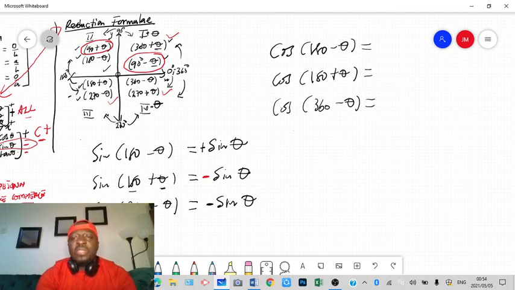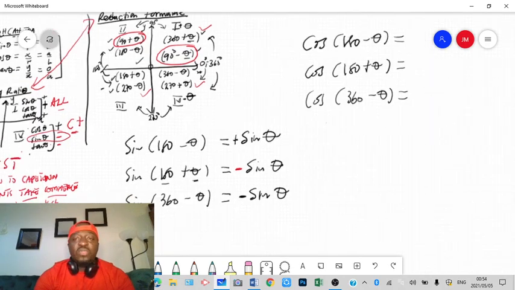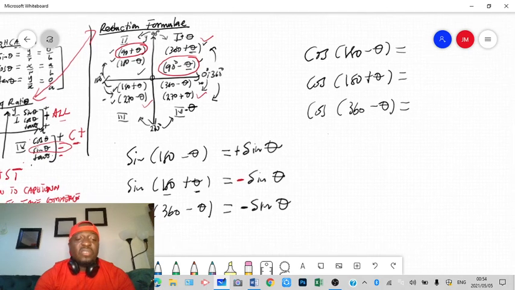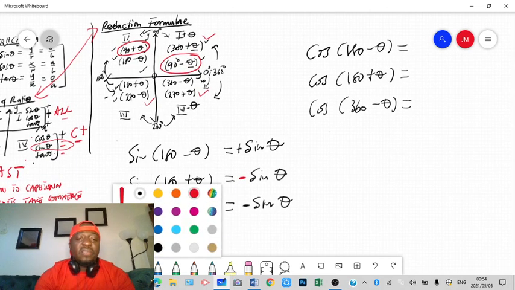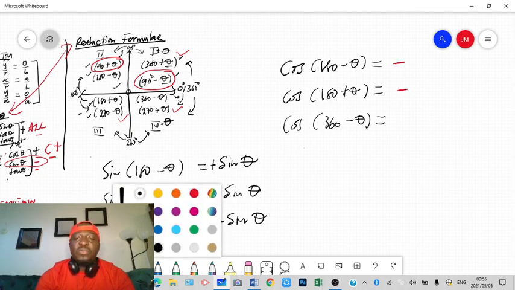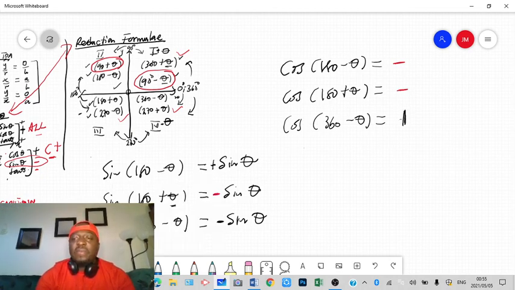The same way we dealt with the sine, we are going to deal with cos. So first go to the quadrant. Your cos in the second quadrant is minus. Your cos in the third quadrant is minus. But your cos in the fourth quadrant, where we have 360 minus theta, is a plus.